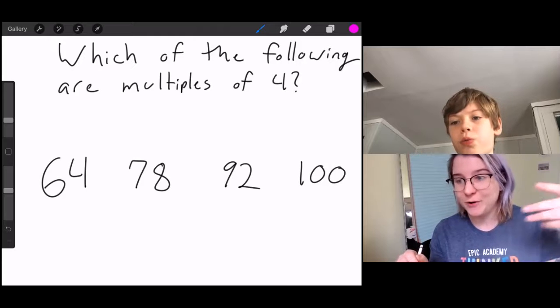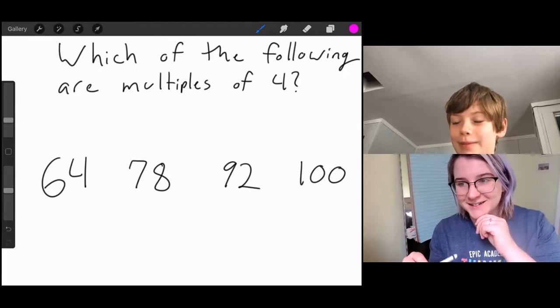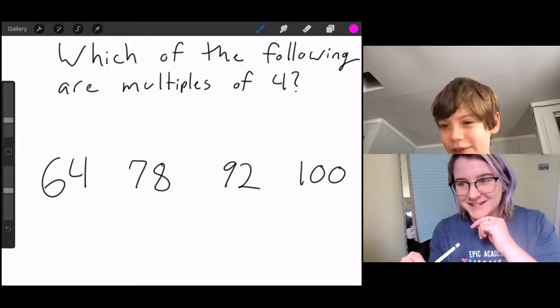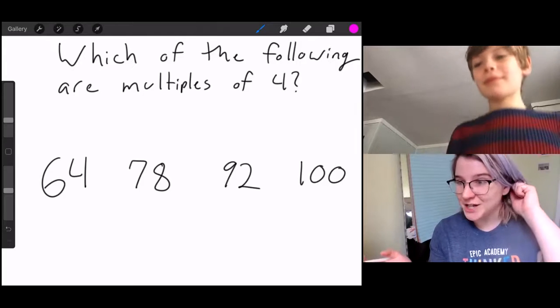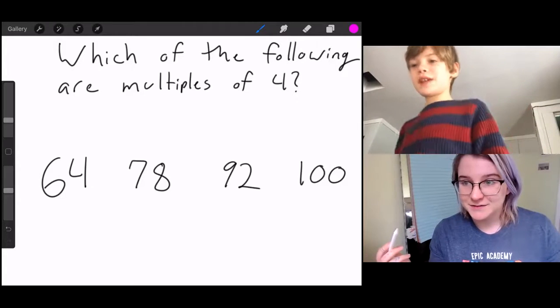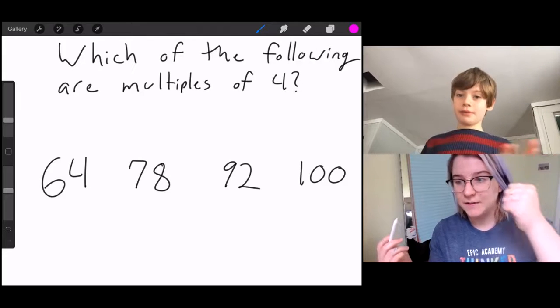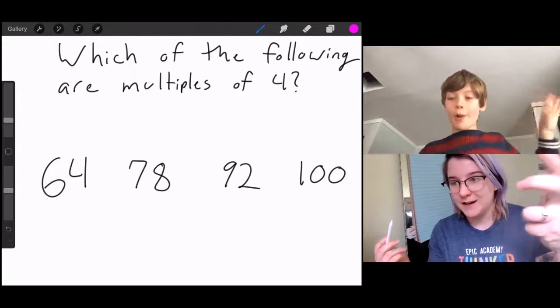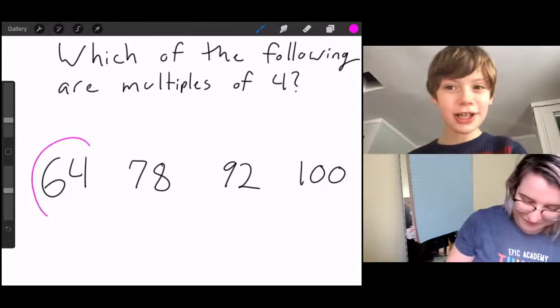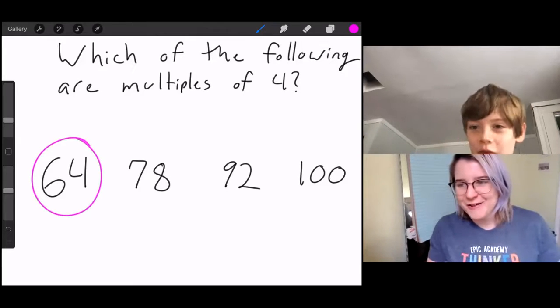Good. You're just counting up by 4s. Keep going. No, I love it. That's a really good strategy. So 56, and then there would be 60, and then 64. Bam! All right, so 64 is a multiple of 4.